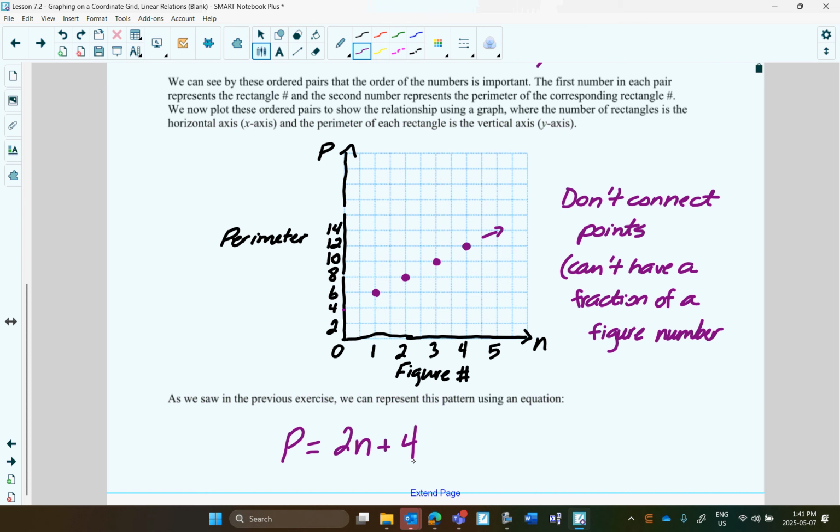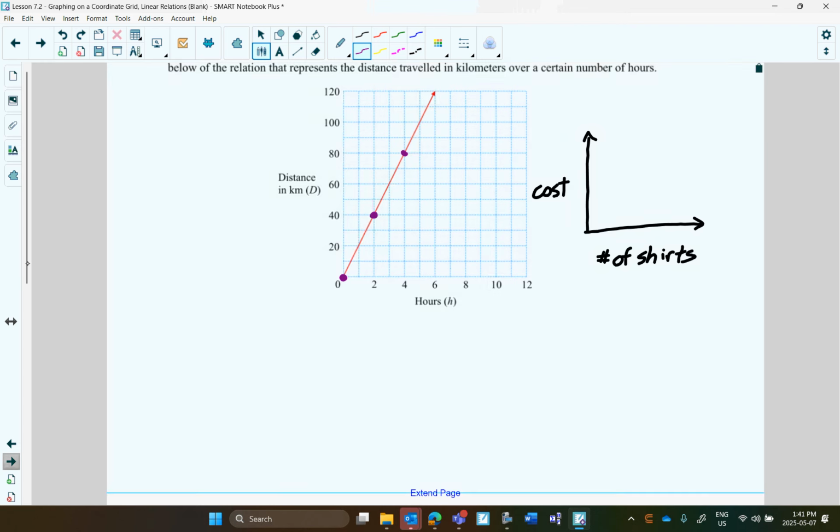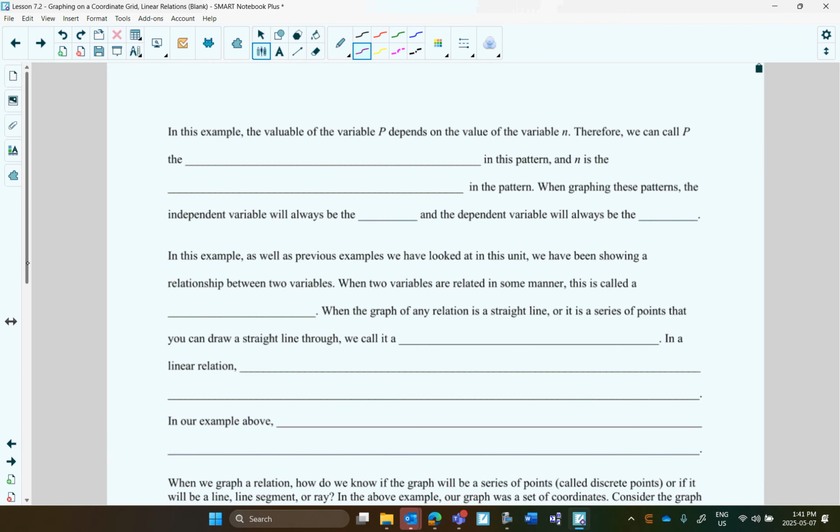But you see what a complete graph looks like. Don't forget your labels. Okay. So some math words. You don't have to memorize definitions or anything like that, but you do have to identify them. And I don't know, you may have taken this in science. So the perimeter depends on what figure number we're talking about.